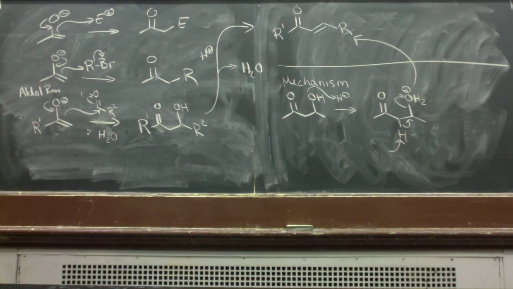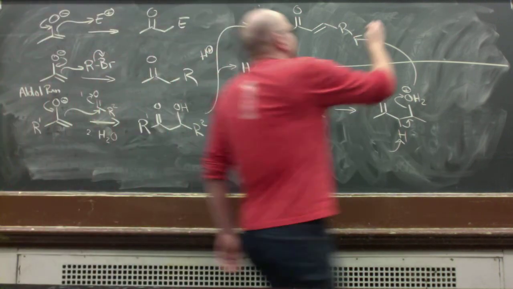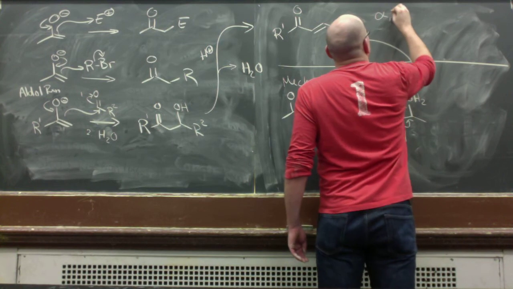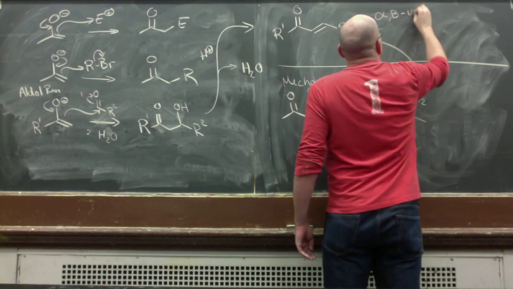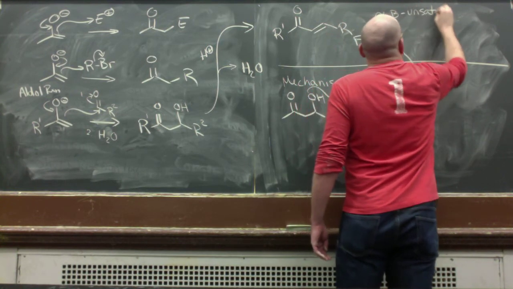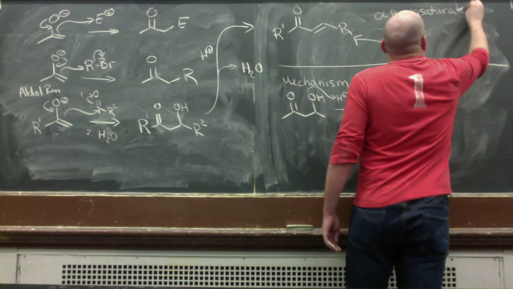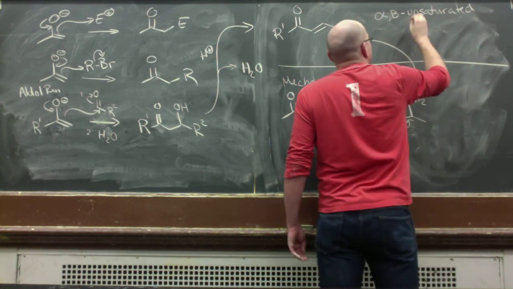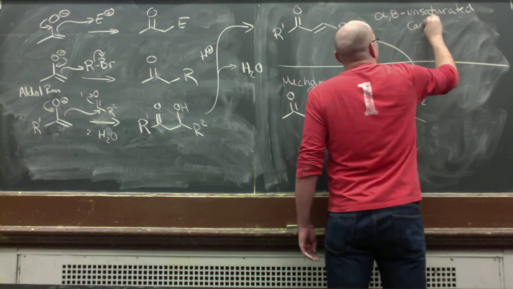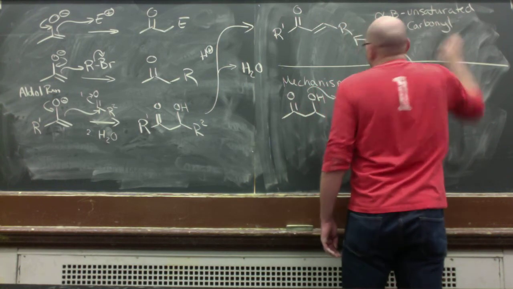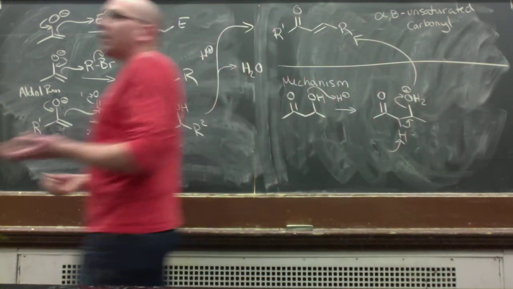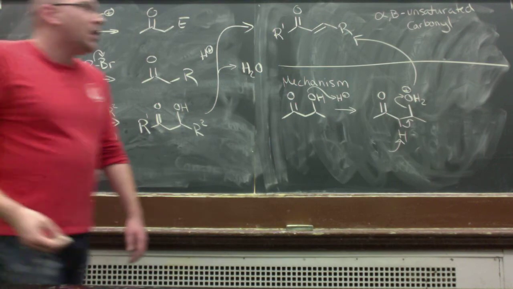So in this case, what we're generating is what's referred to as an alpha-beta unsaturated carbonyl. So usually you say alpha-beta unsaturated ketone, alpha-beta unsaturated ester, for example.